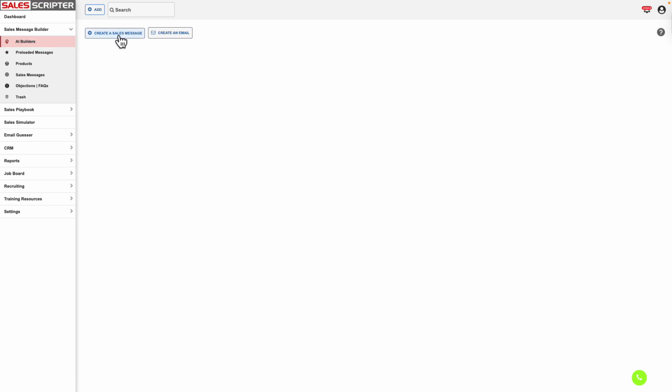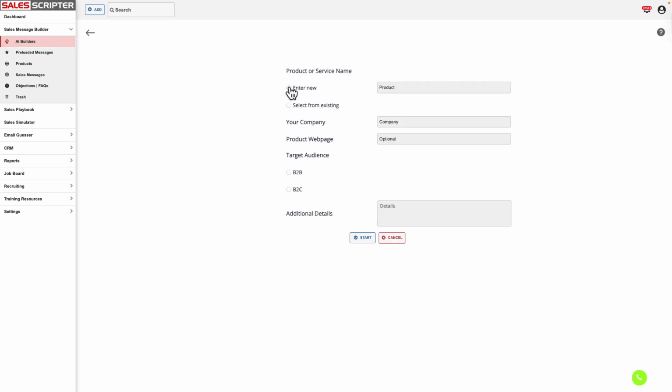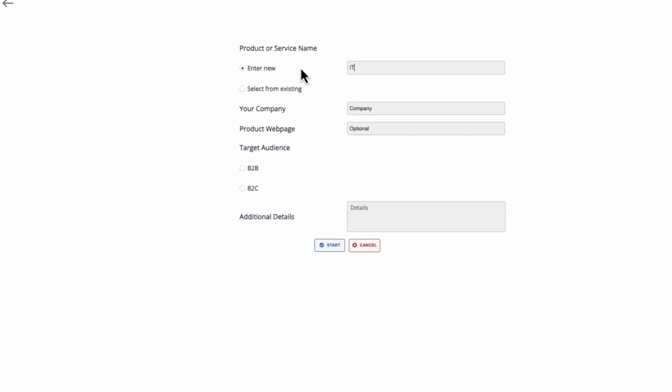But our software includes AI tools where all you have to do is enter the product or service you sell. And for demo purposes, I'll just do IT consulting. And then you can specify the target audience you're communicating with, and I'll put manufacturers just to show you a specific target audience.